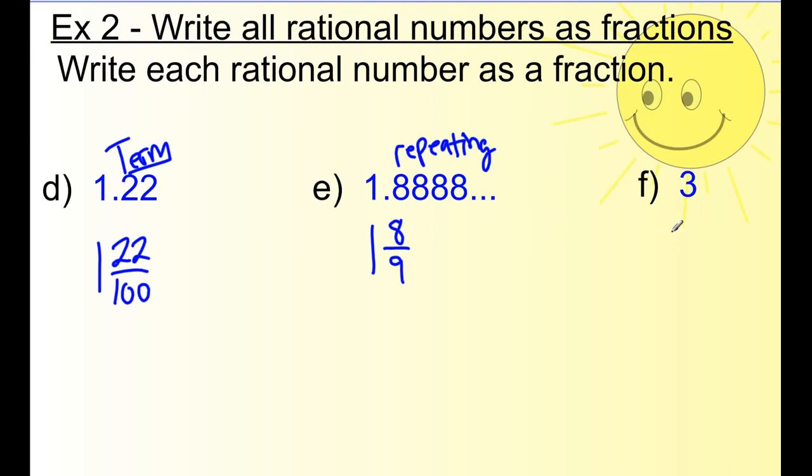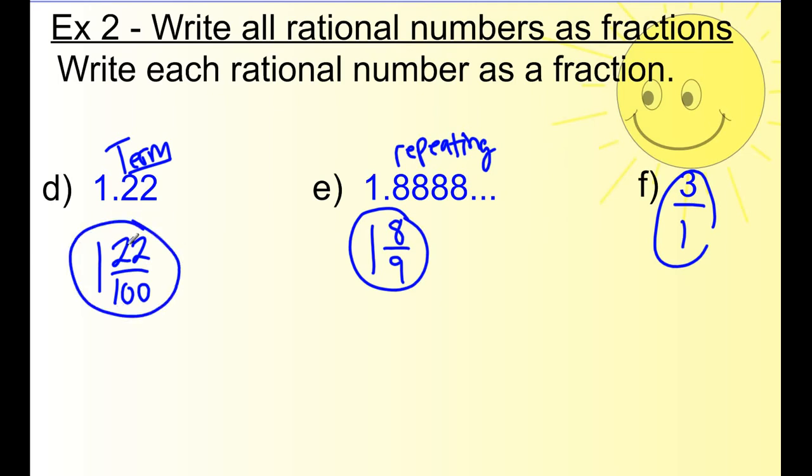Lastly, letter F. To turn this into a fraction, you simply put it over 1. So terminating decimals get put over powers of 10. Repeating decimals get put over a version of 9, 99, 999, a whole bunch of 9s on the bottom. And then whole numbers, positive or negative, you simply put over 1.